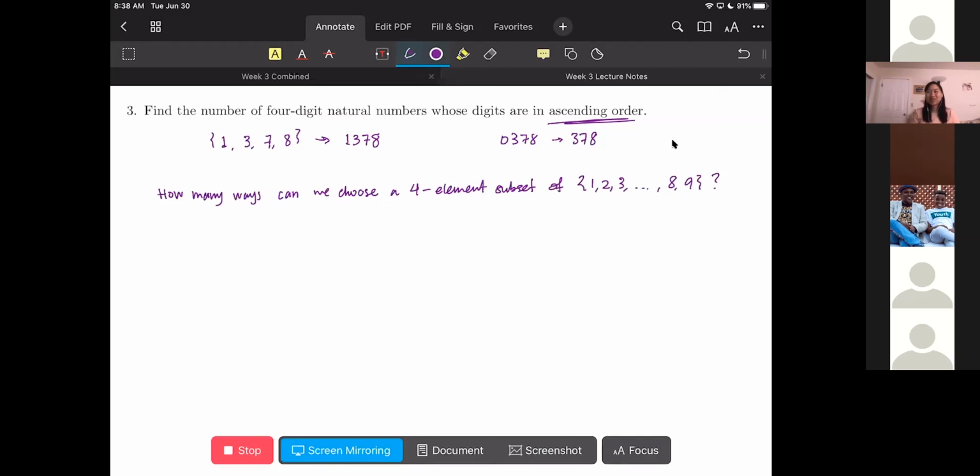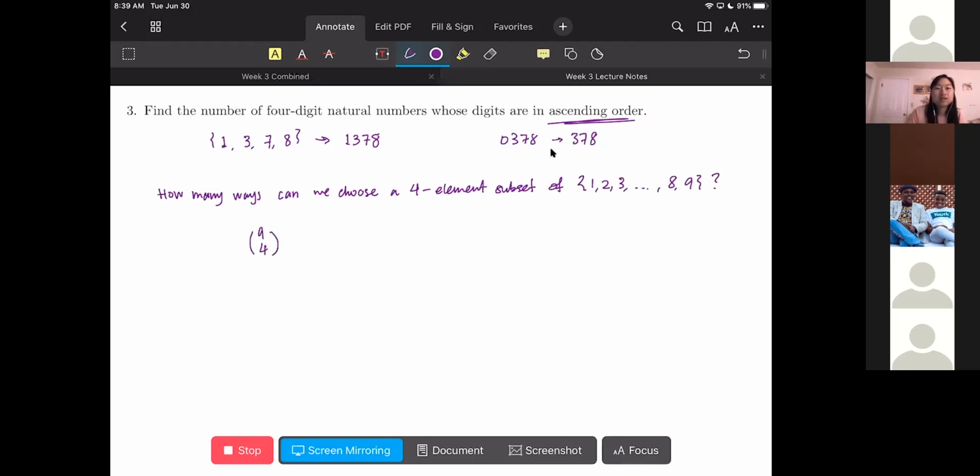So how many ways can we choose a 4-element subset of 1 through 9? Anyone remember that? Could it be 9 choose 4? Yeah, so it's just 9 choose 4 here.